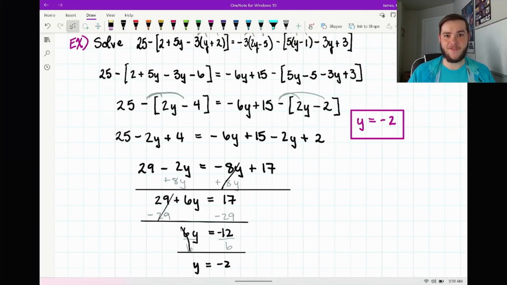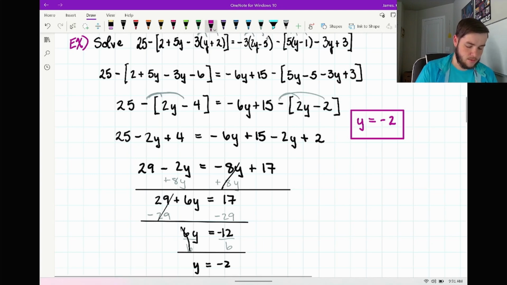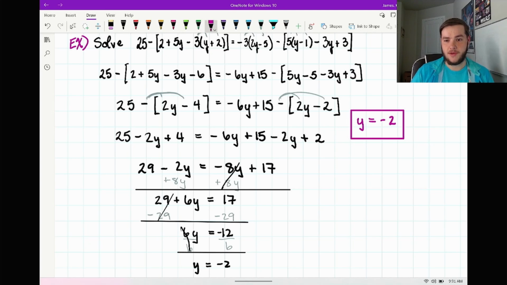The answer that I found was y equals negative 2. And I got that by first distributing that negative 3 here, here, and the 5 here out. That left me with the next line where I combined my like terms, and then I had more distribution to do, just running through all those order of operations.